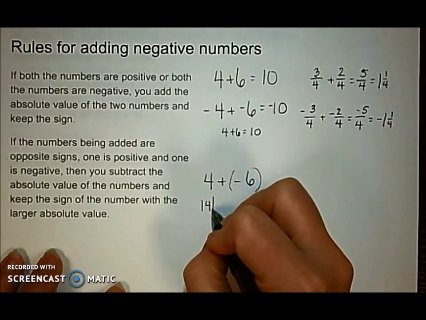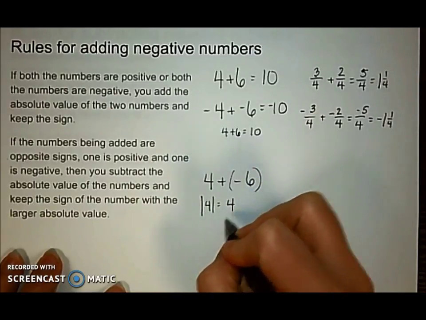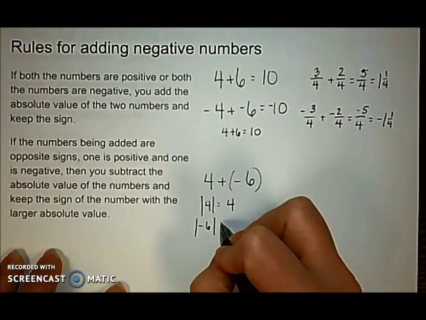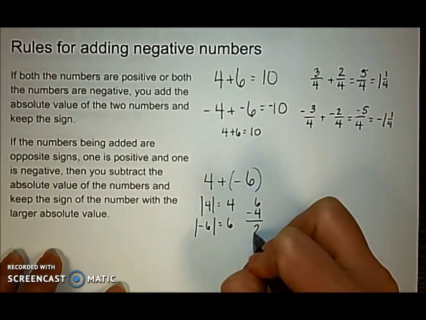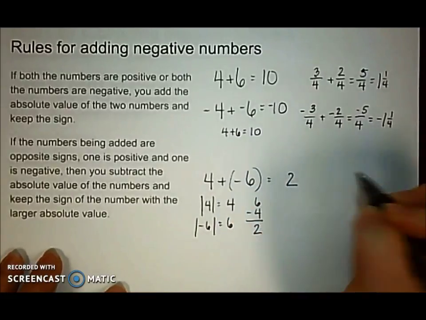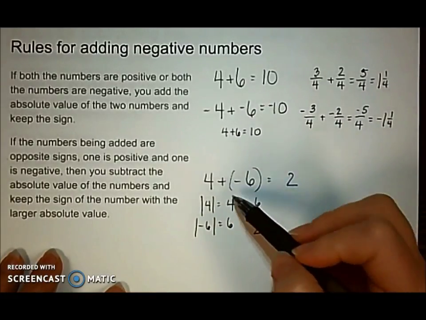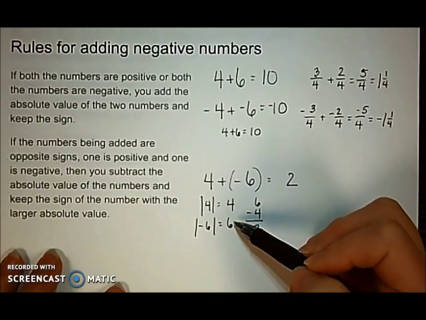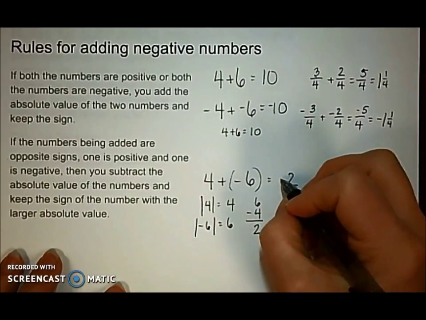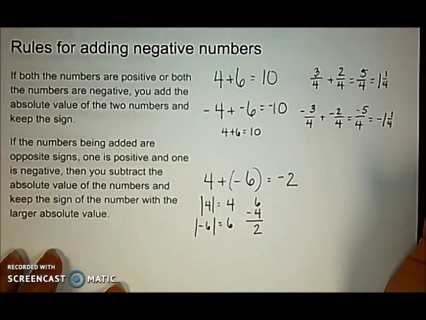The absolute value of 4, and you'll see that with bars like that, is 4. The absolute value of -6 is 6. And I'm going to do 6 minus 4, and I get 2. I go back and I look, which one of these had the larger absolute value? Well, 6 is a larger absolute value, and since 6 was negative, that means that my answer is a negative.